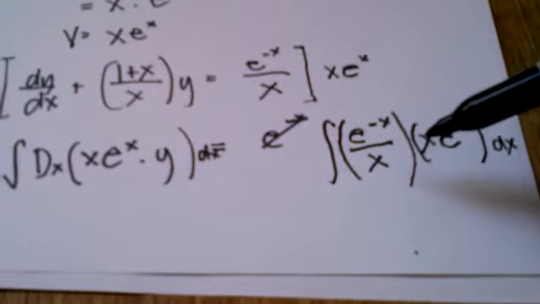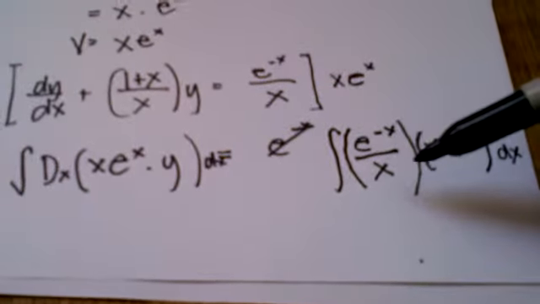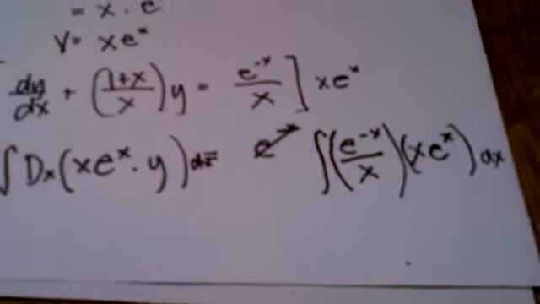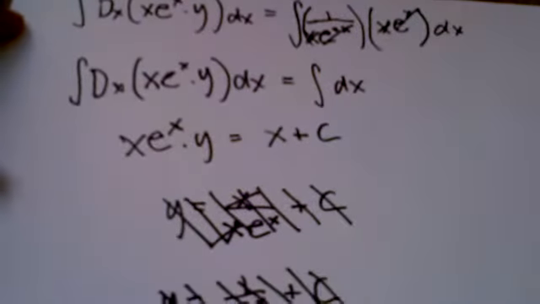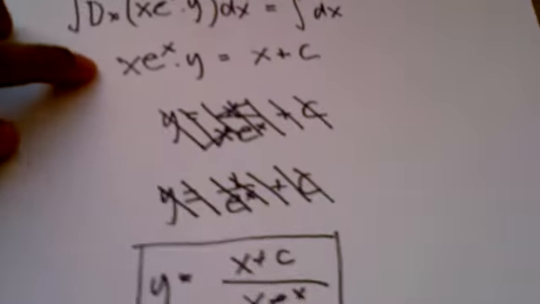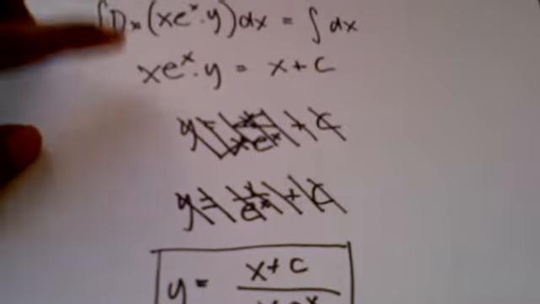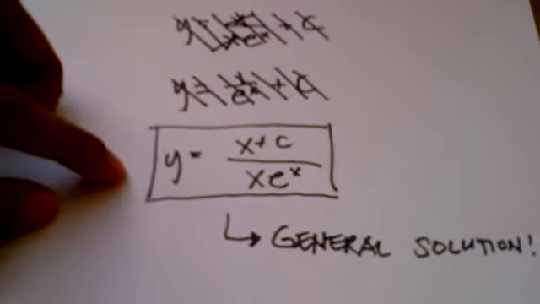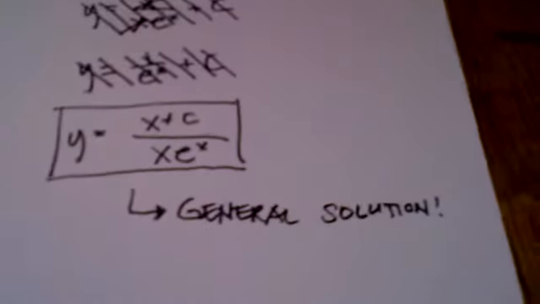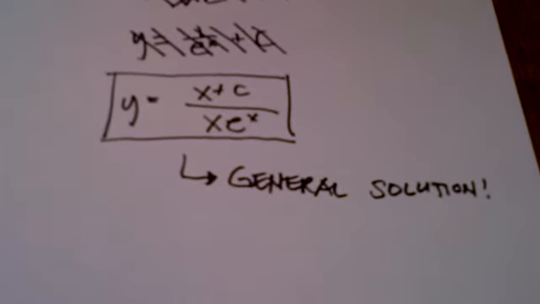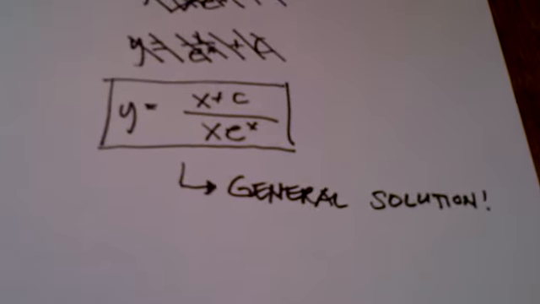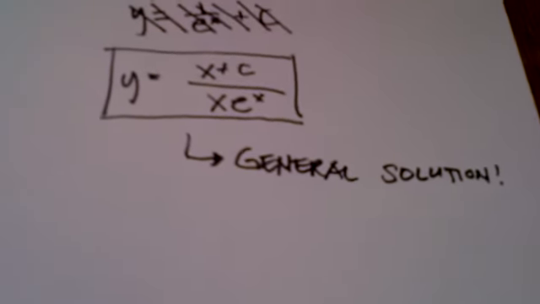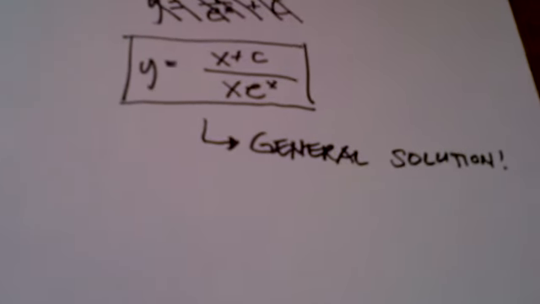By evaluating and rearranging y in terms of x, we came up with our final answer, the general solution, which is y is equal to x plus c over x times e to the x.